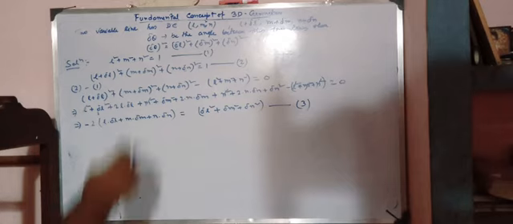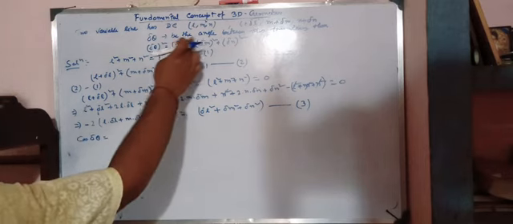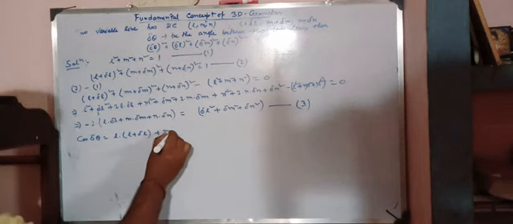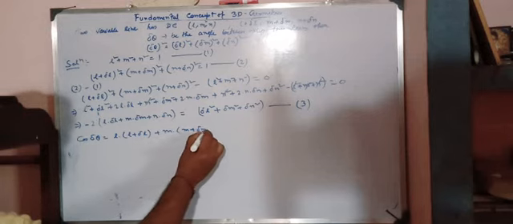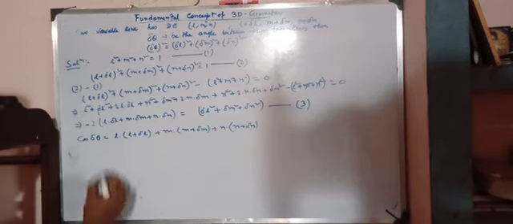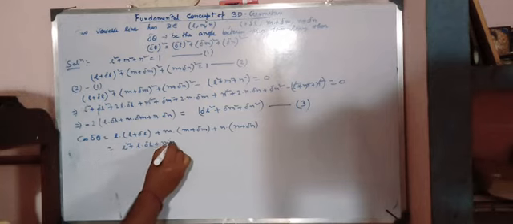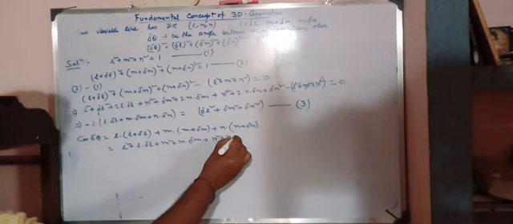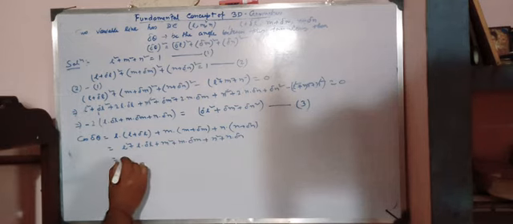Now if we take delta theta as the angle between them, cos delta theta is equal to l into l plus delta l plus m into m plus delta m plus n into n plus delta n, that's equal to l square plus l delta l plus m square plus m delta m plus n square plus n delta n. Now l square plus m square plus n square is 1.